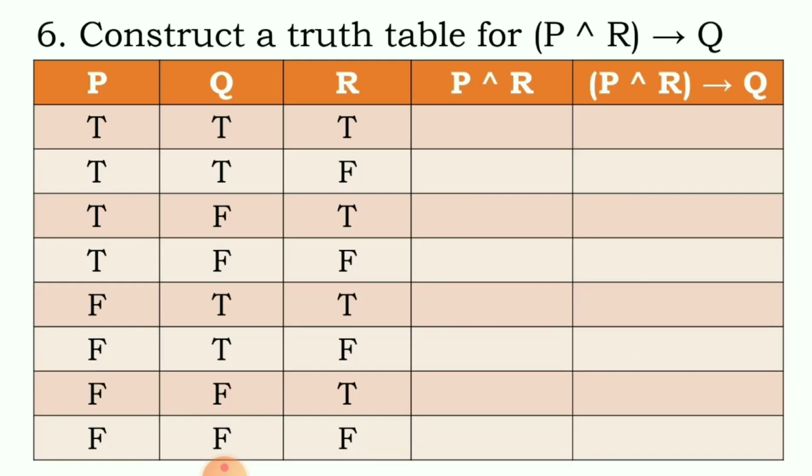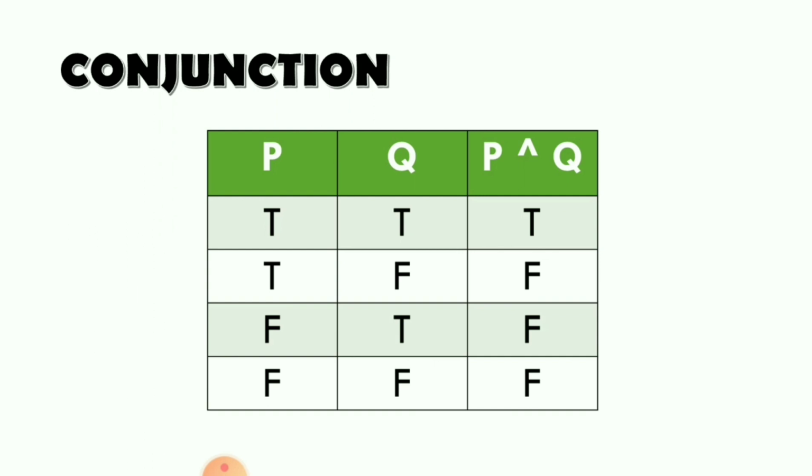And last example, construct a truth table for the quantity, if the quantity P and R, then Q. We have here on the table all the possible combinations of the truth values of the propositions P, Q, and R. First, we need to get P and R. So that is conjunction.